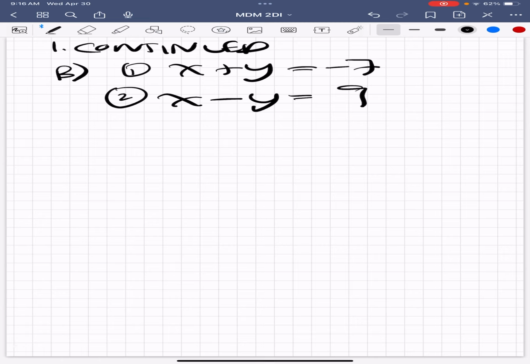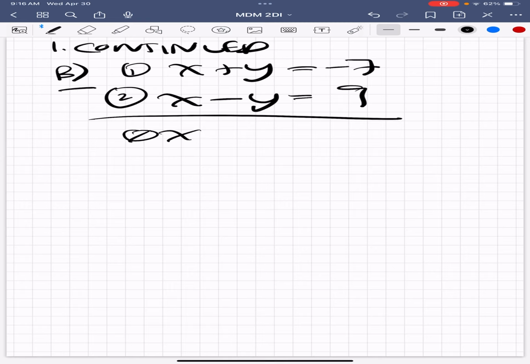So again, we eliminate the x variable by subtracting equations 1 and 2. So we follow order of operations to isolate y, calculating the y coordinate of the point of intersection.